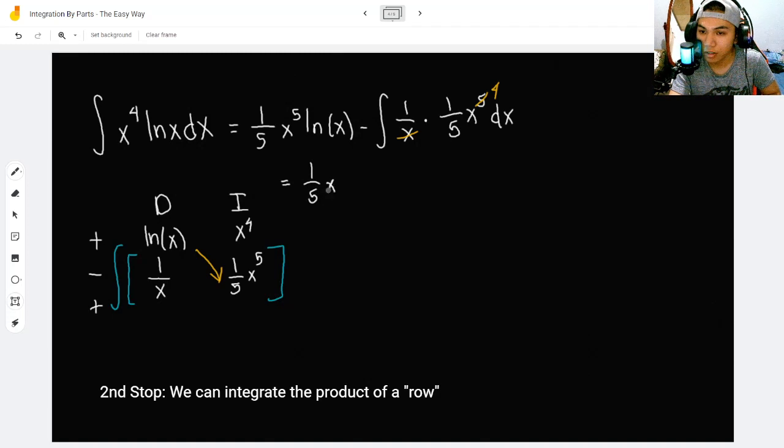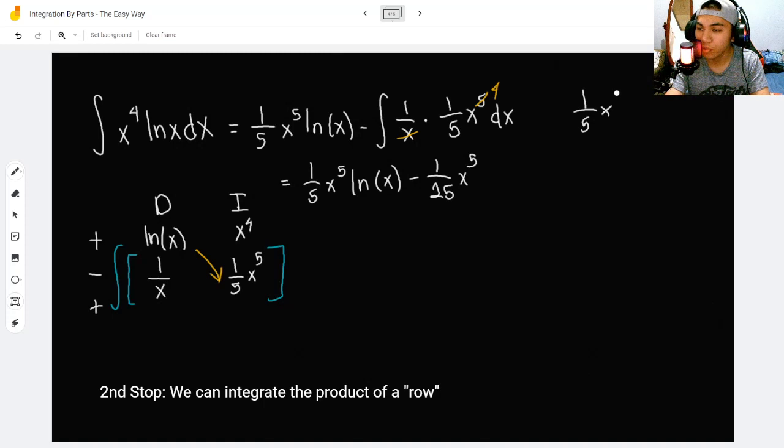Okay, and the integral of that, 1 over 5 x to the 4th power, would be 1 over 25 x to the 5th power, since, okay, let's just compute it manually so we don't get confused. 5x to the 4th power.